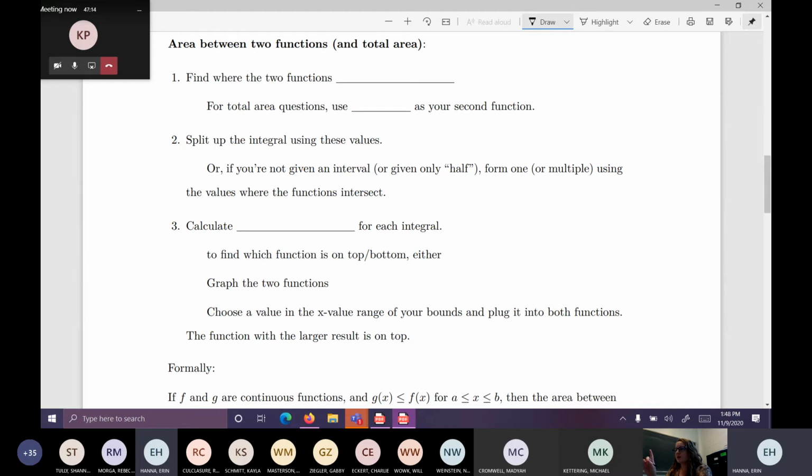The first thing you're going to do is find where the two functions intersect. And you might say, okay, if we're looking at the one we were just talking about, x cubed, what's my second function? Well, when we want to do something like that, it'll be called a total area question. And for those, your second equation is just y equals 0, the x-axis. But in general, you might be given two functions and you're going to set them equal to each other to find out where they intersect.